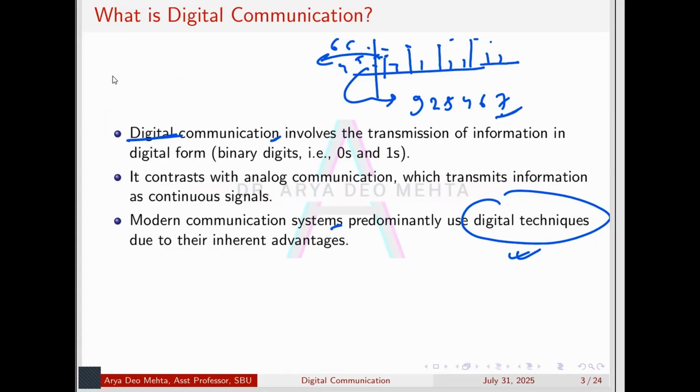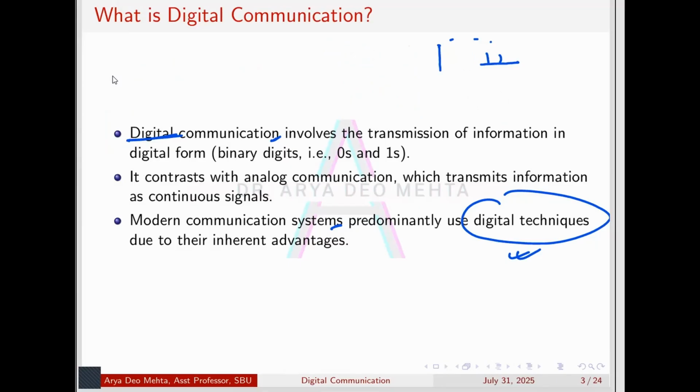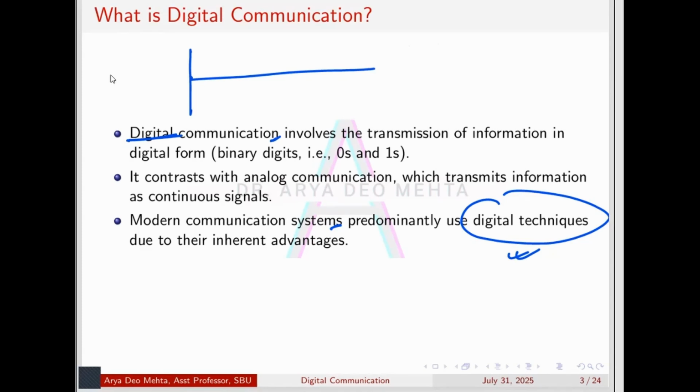Just to name a few: I'm speaking, you are listening, and I am generating a distortion in sound. This is my time, and these are air molecules. Here is my mouth. Pardon me for the drawing, I cannot draw my mouth properly. Just see, these are all the air molecules.